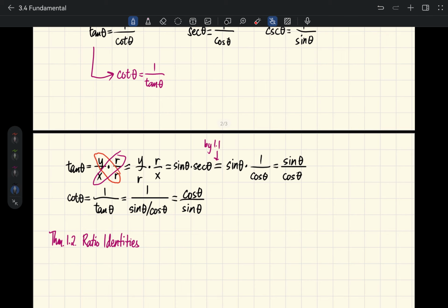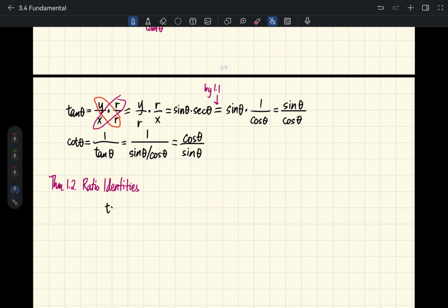First, tangent theta equals sine theta over cosine theta, and second, cotangent theta equals cosine theta over sine theta. Why did we call this the ratio identity? We call this the ratio identity since we are expressing these two functions as ratios of sine and cosine. Okay?